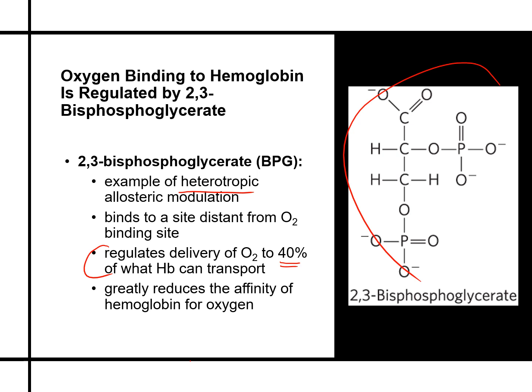So, translation, BPG greatly reduces the affinity of hemoglobin for oxygen. And we're going to see in a moment how concentration levels of 2,3-BPG actually vary physiologically and the implication that has for oxygen affinity to hemoglobin.